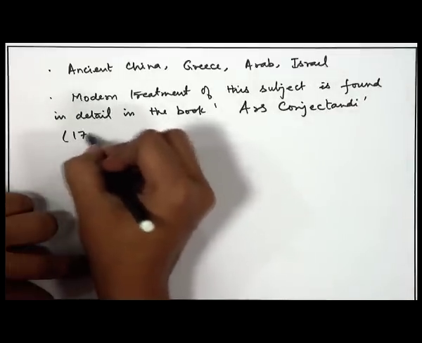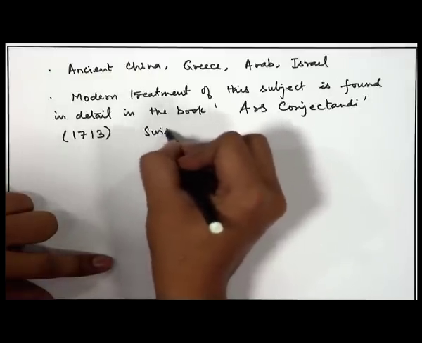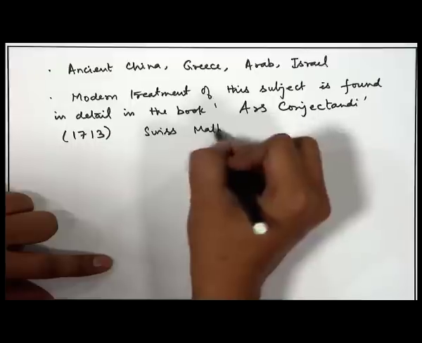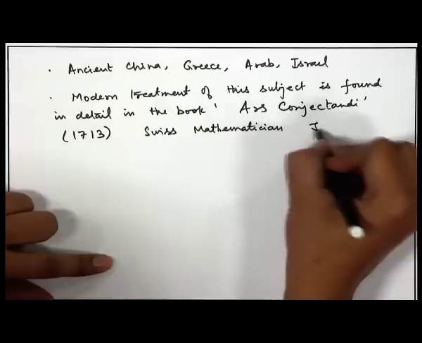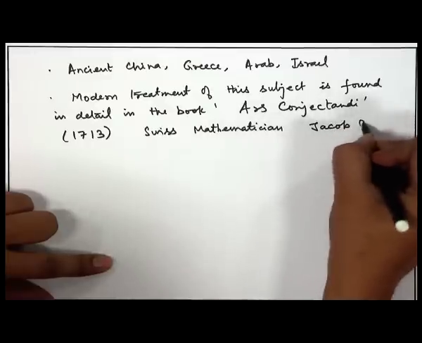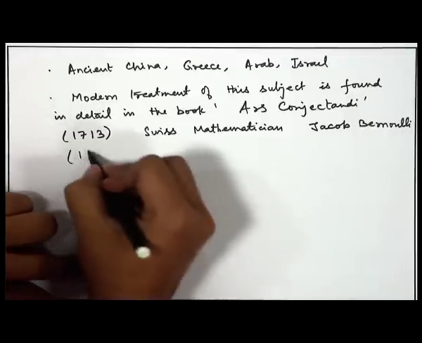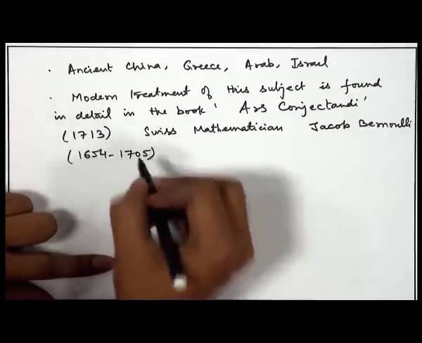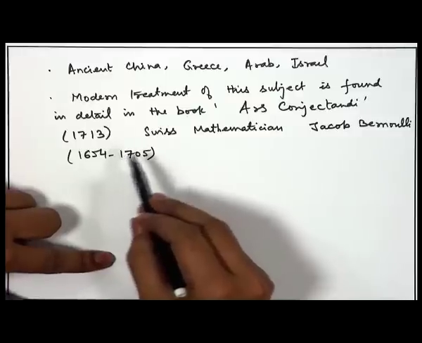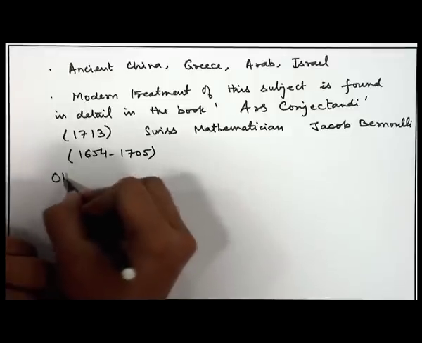It was published in 1713 and this is by Swiss mathematician Jacob Bernoulli. His timeline is 1654 to 1705. That means the book was published posthumously.